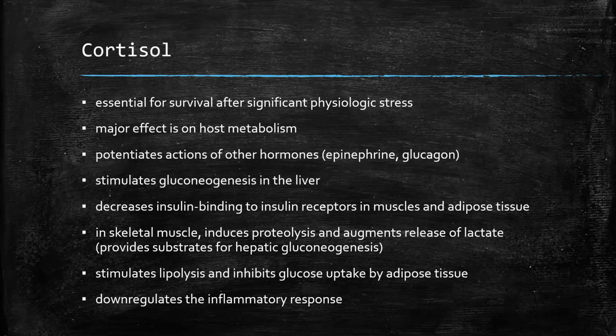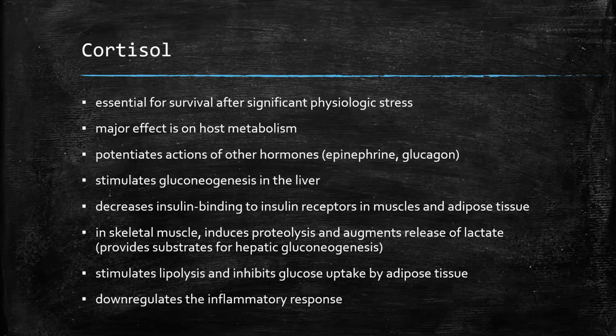The other important action of cortisol is it makes other hormones work better, and specifically epinephrine and glucagon. And lastly, cortisol downregulates the inflammatory response. Clinically, that's how we usually use cortisol as an immunosuppressive agent.